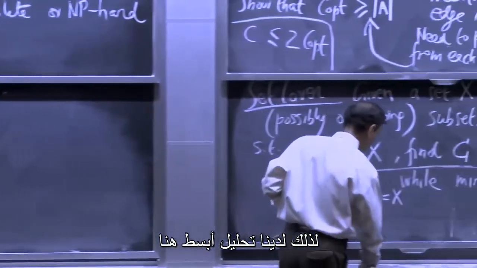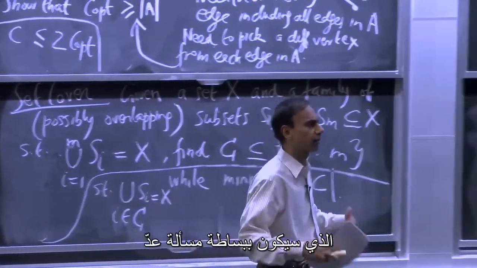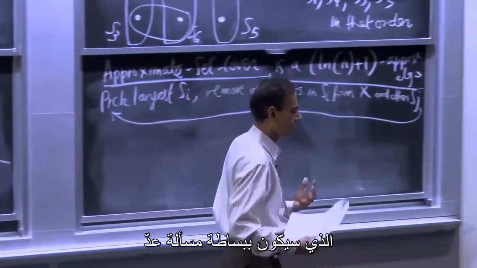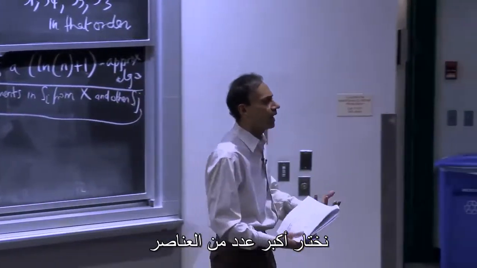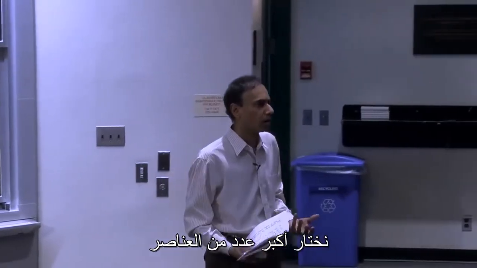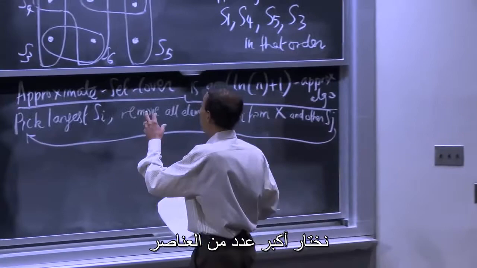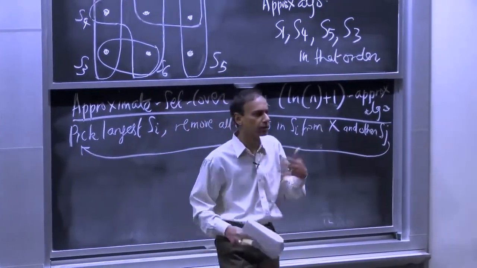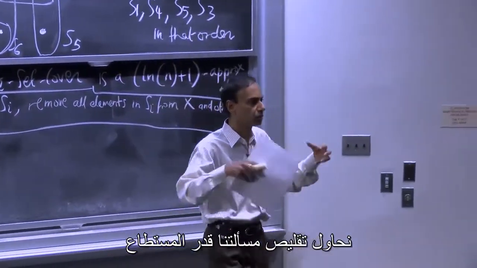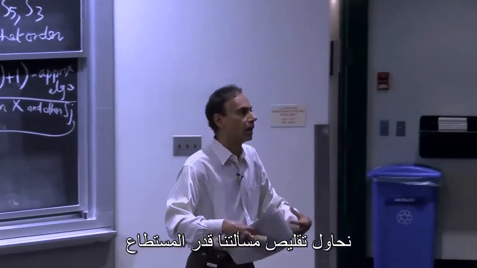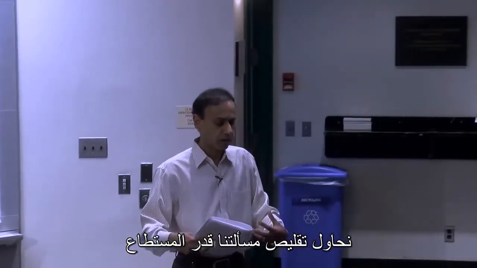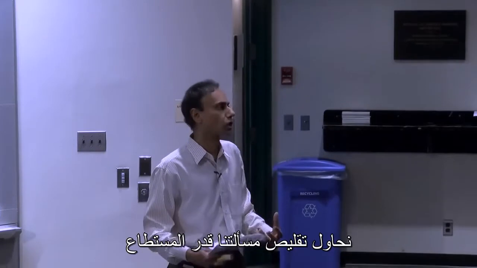And so we have a simpler analysis here that is simply going to be a matter of counting. We are picking the maximum number of elements every time, the best we can do. It's a greedy heuristic.